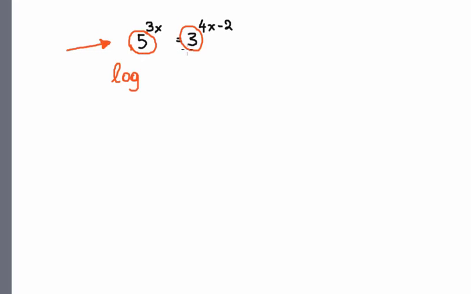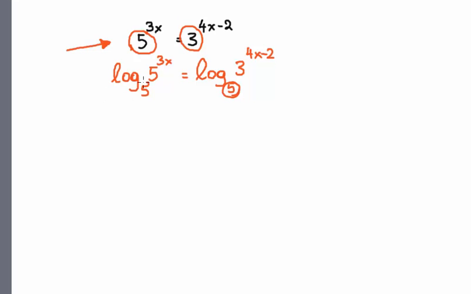It doesn't matter which one I choose. Let me choose the number 5. So I take the logarithm of 5 to the 3x with base 5, and this is going to be equal to the logarithm of 3 to the 4x minus 2 with base 5.